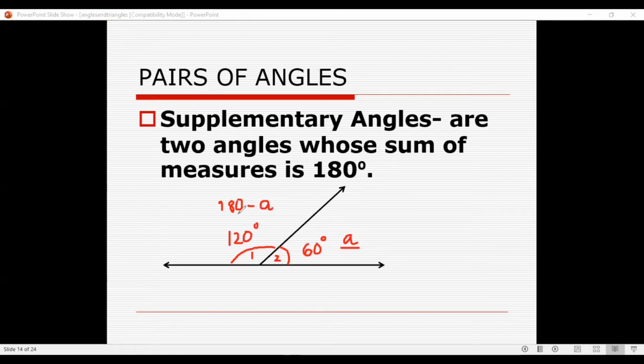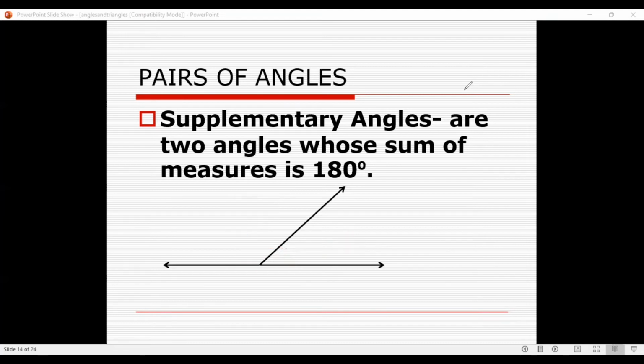Whatever that value is, you just have to subtract it from 180. Again, supplementary angles are angles with the sum of 180.